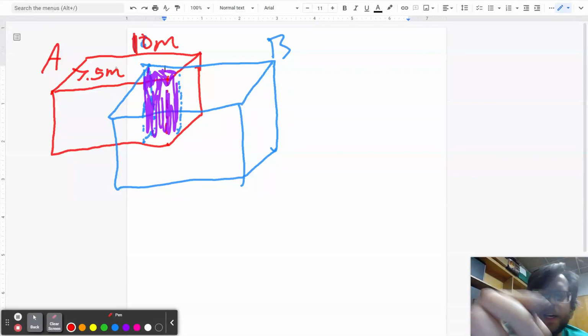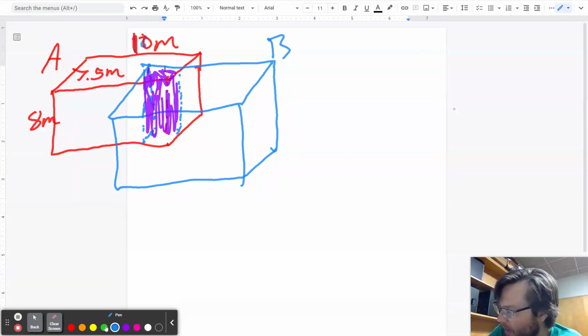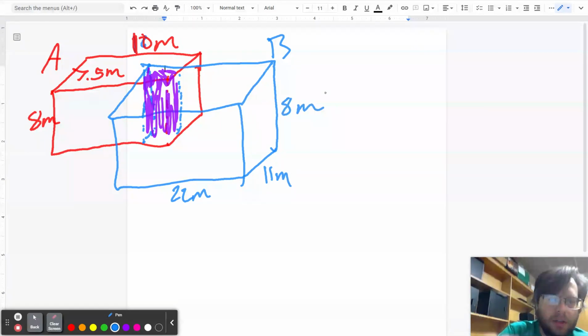And they both have a height of 8 meters. So that looks good to me. Building B is 22 meters long and width is 11, and it's also 8 meters tall. So what we want to figure out is the total volume and the total surface area.